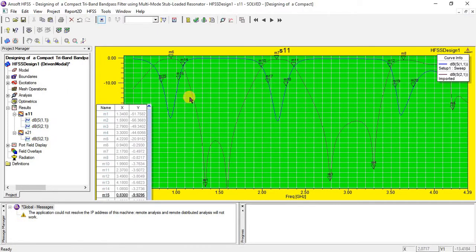It is necessary that the first passband be isolated from the second passband, and the second passband be isolated from the first and third. That is why the transmission zeros are also used to isolate the passbands from each other.